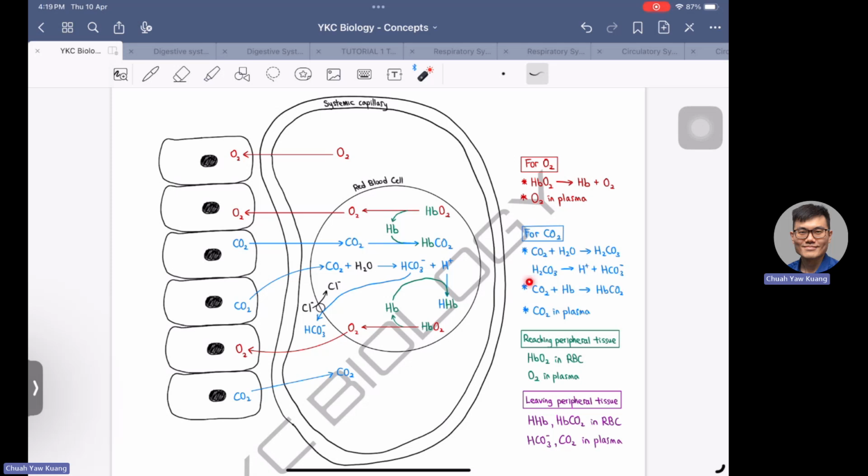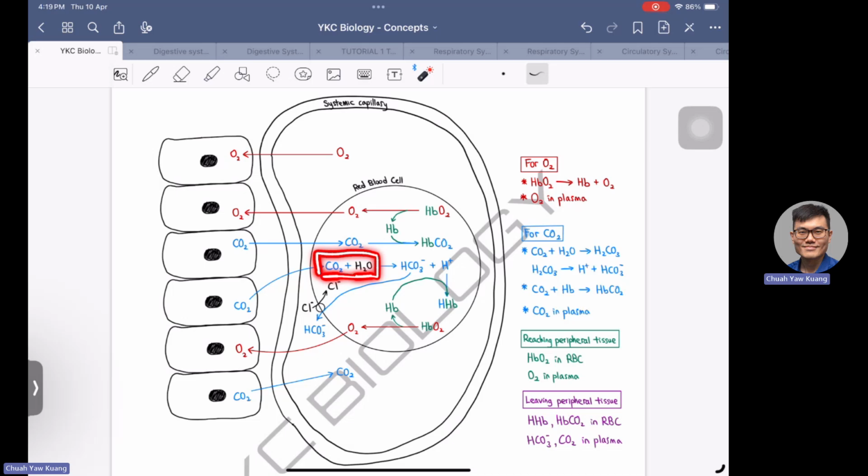So we will look at the first pathway, which is also the most important and the major pathway. When the carbon dioxide diffuses into the blood and into the red blood cell, this carbon dioxide will bind with the water molecule inside the red blood cell.